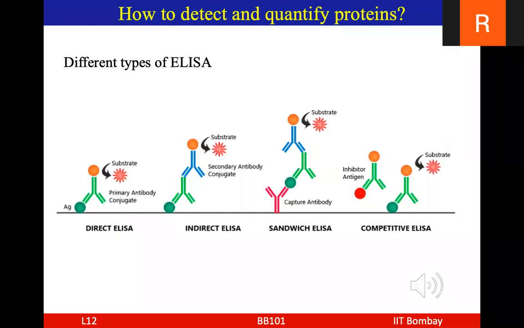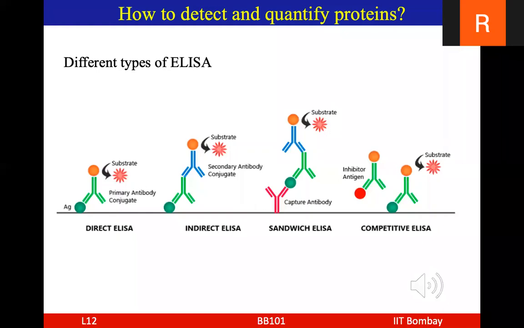So if the antigen is bound and then the primary antibody directly recognizes it, it's called direct ELISA. When the primary antibody is recognizing the antigen, but a secondary antibody is used to detect the primary antibody, it is called indirect ELISA.